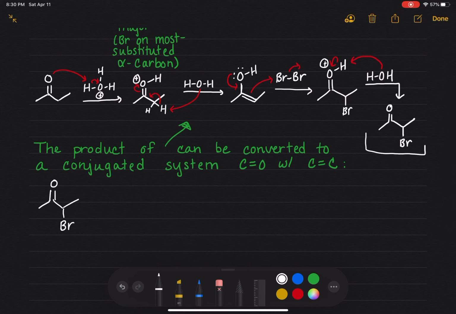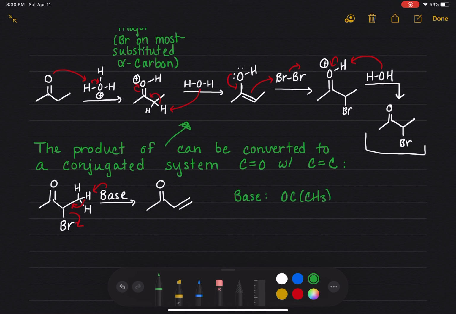So to do this, we just need a good base. This is just going to do a standard elimination reaction. The base is just going to be grabbing any one of the hydrogens out here, moving the carbon-hydrogen electrons in to make a double bond and getting rid of that leaving group. So this makes a nice conjugated molecule. And the bases that are good for this reaction would be like what we would expect, a bulky base.